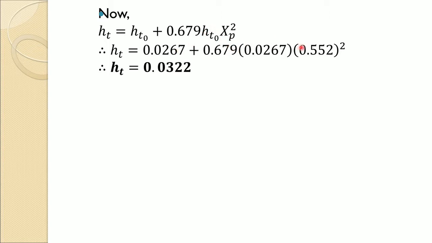So, once we put these quantities all together, we get the total Holdup 0.0322. You can see there is a substantial increment in the total Holdup in presence of gas compared to absence of gas, which means it will further reduce the voidage or permeability of the bed in the blast furnace, and further it will affect the operation of the blast furnace.